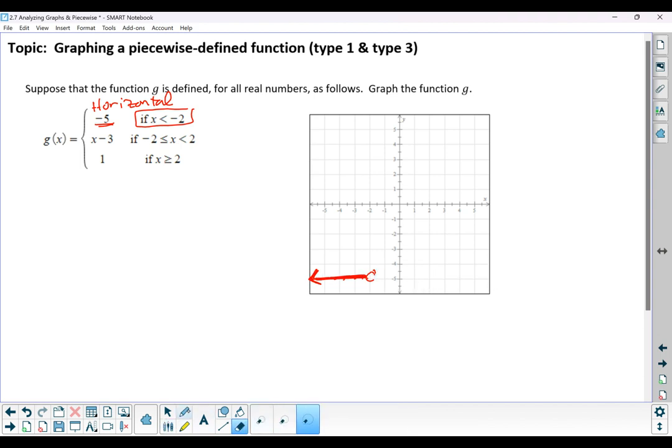I'm going to erase the rest of the dots. Our middle piece is the equation x minus 3. So this is a line with a y-intercept of -3 and a slope of 1. My y-intercept is -3, and I'm going up 1 over 1. So it's going to be this.